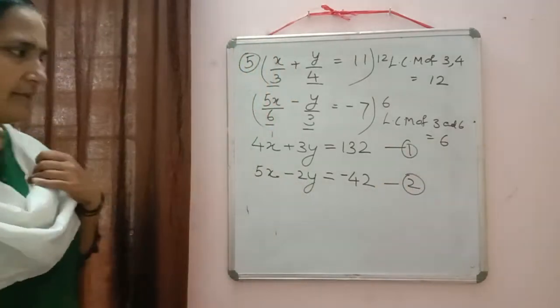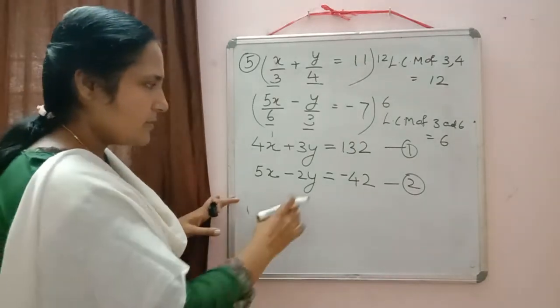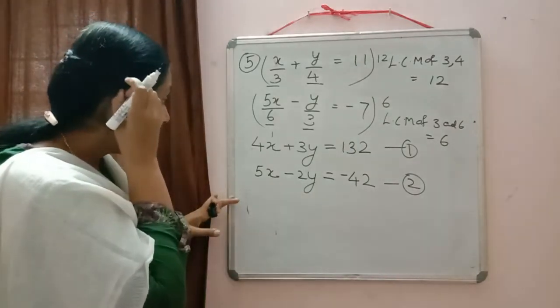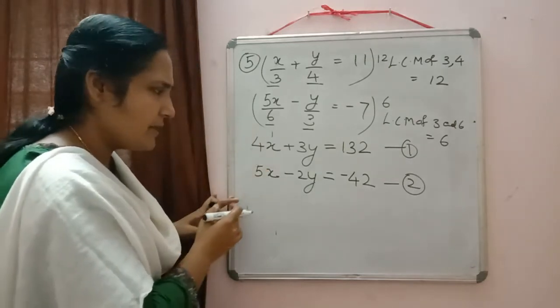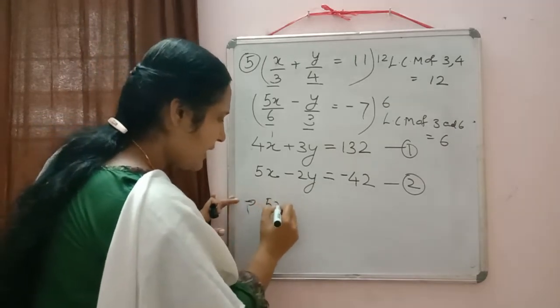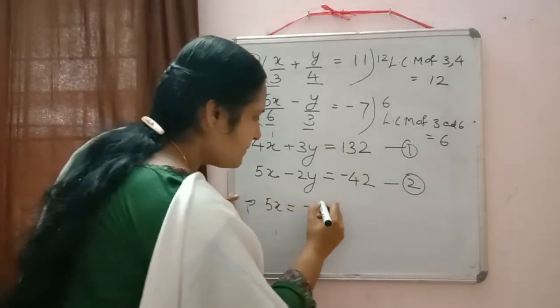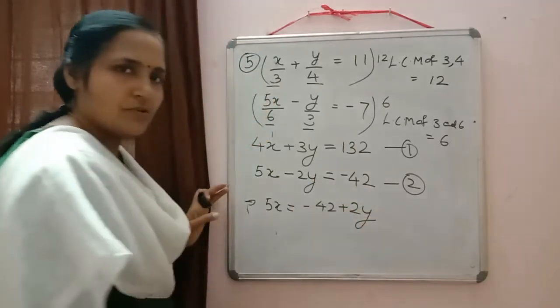So this is our equation 1 and equation 2. Now we can solve it. Suppose we write y in terms of x or x in terms of y; suppose we write x only. From equation 2 we can write 5x is equal to minus 42 plus 2y.